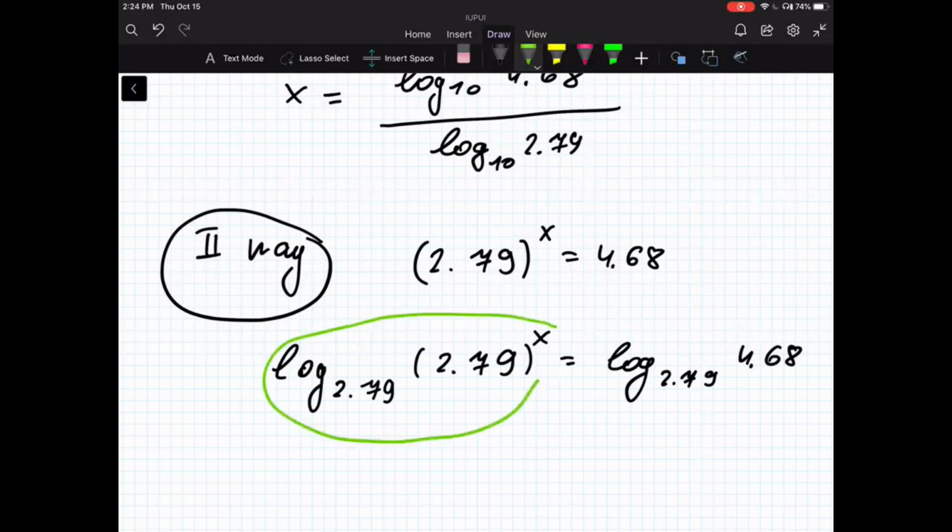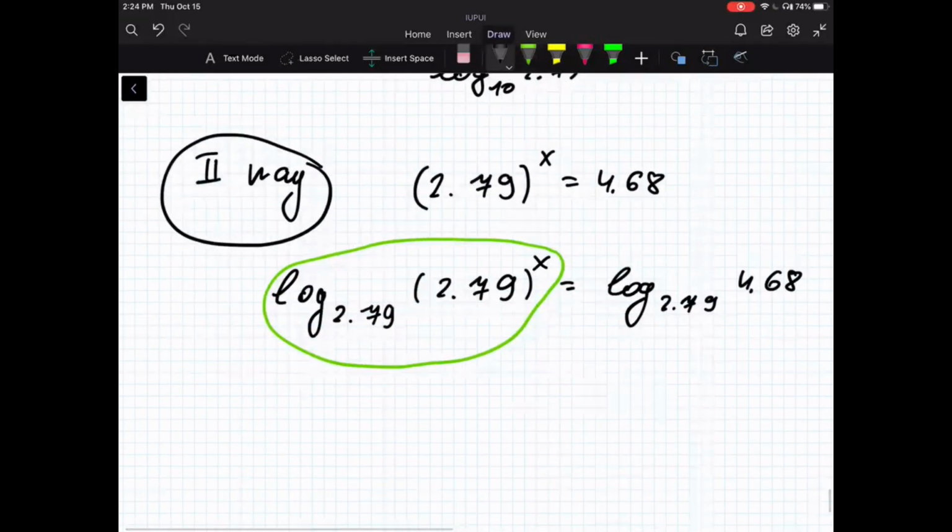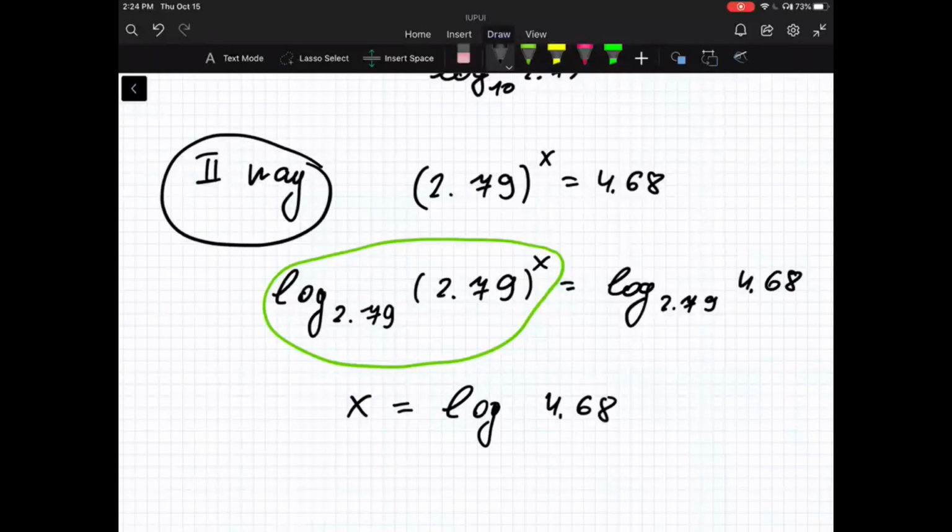So this is, again, function of the inverse function, and that gives me just x. While the right-hand side gives me some number, logarithm of 468 with base 279. And this is the final answer, so just one line.